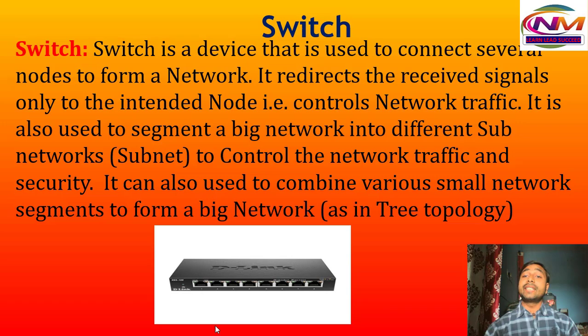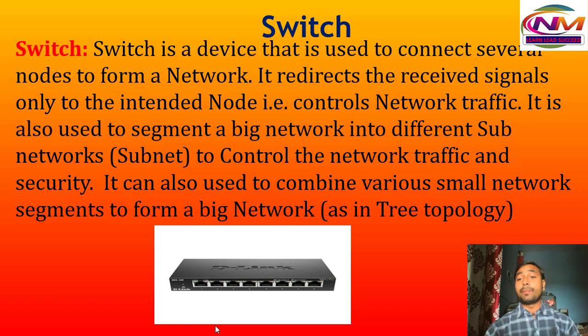Why? Because it has the capability to control the network traffic. If traffic is more, it is easily able to connect. It is also able to check which signal is working properly and which signal is not. It is also used to segment a big network into different sub-networks, which is also known as a subnet.